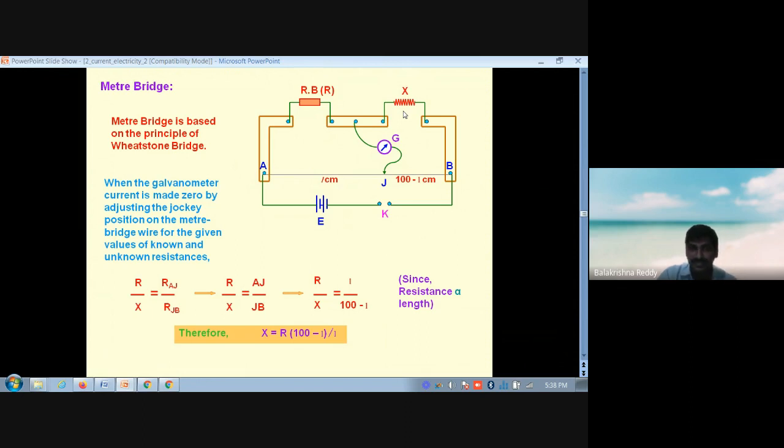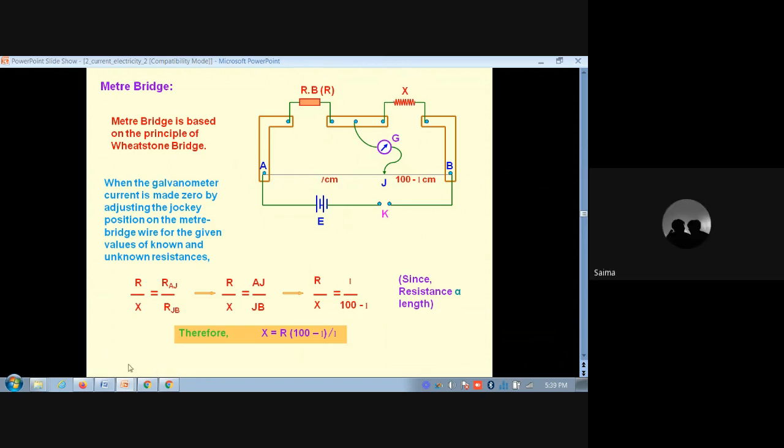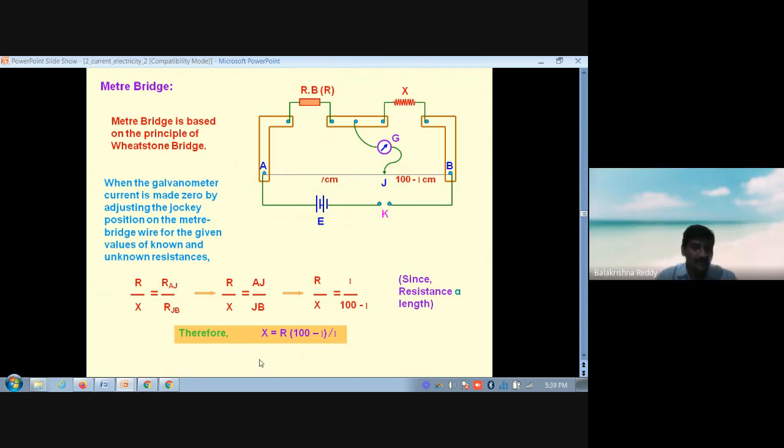The screw gauge is a device which is used to measure the diameter of a wire. So by using the screw gauge, we are finding the diameter of this. Since we know the diameter as well as the length, we can find the resistivity of the wire also. Sometimes the aim of the experiment in the practical is asked as: determine the resistivity of a given wire by using the meter bridge, or instead of the word resistivity, they will ask to find the resistance of a wire per unit centimeter.